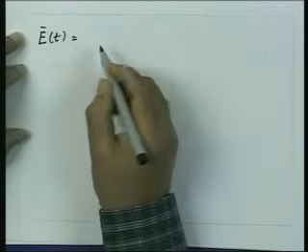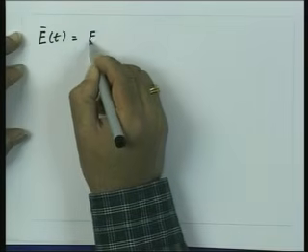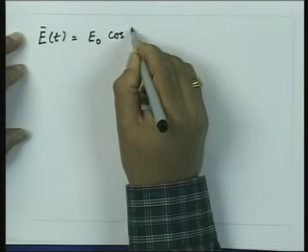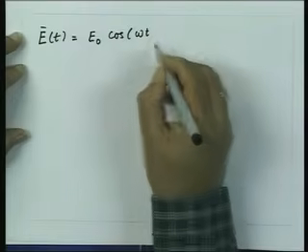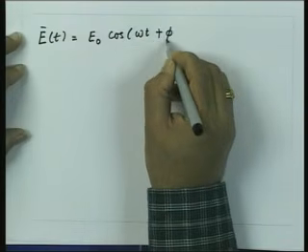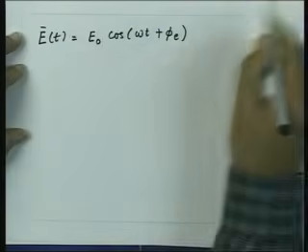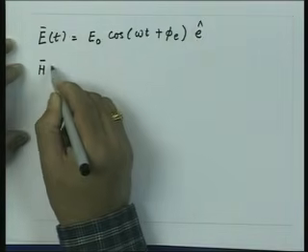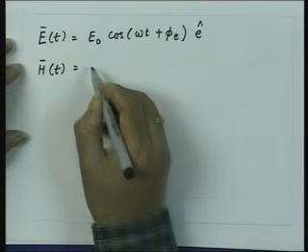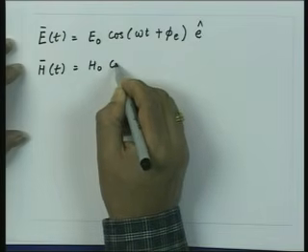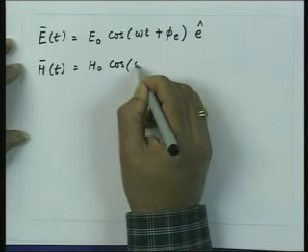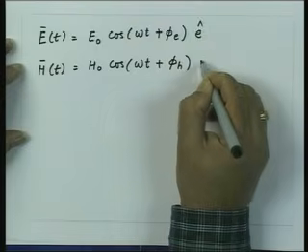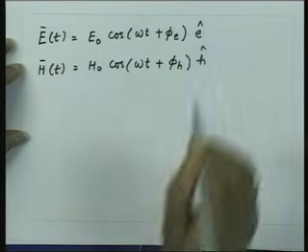That is equal to E 0 cosine of omega t plus phi e multiplied by the unit vector E, and H at the instant t will be H 0 cosine of omega t plus phi h, unit vector h.